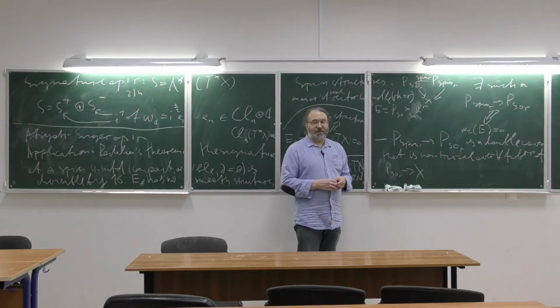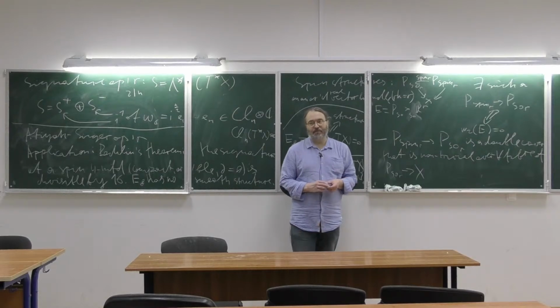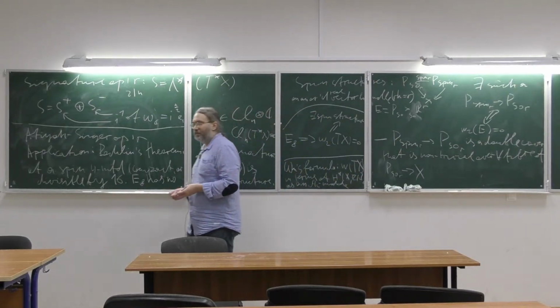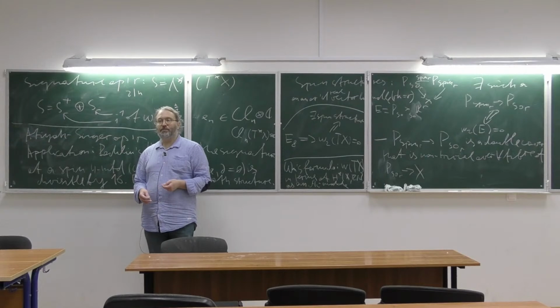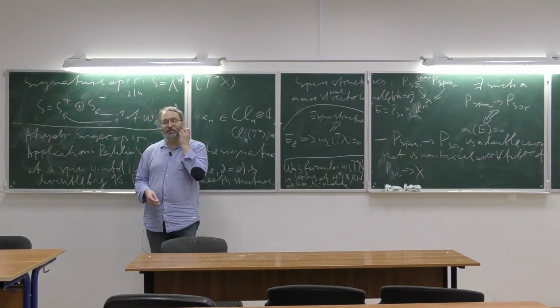Does this make any sense, Volodya? Well, actually, I don't understand what you're saying before that. I mean, you take a smooth manifold X. So you want to prove that some manifold has a spin structure, right?